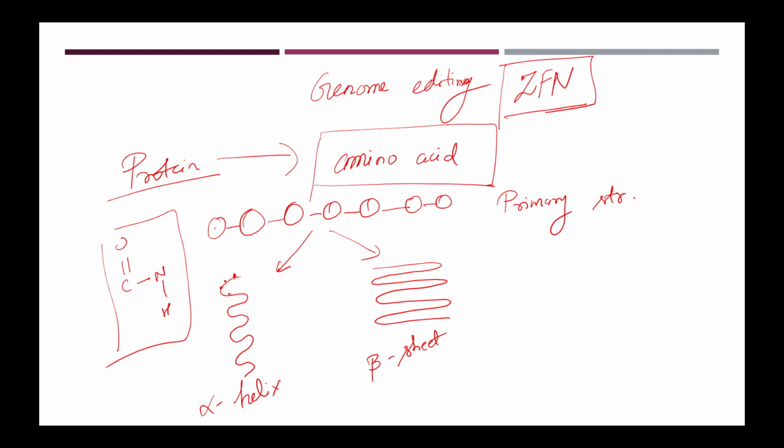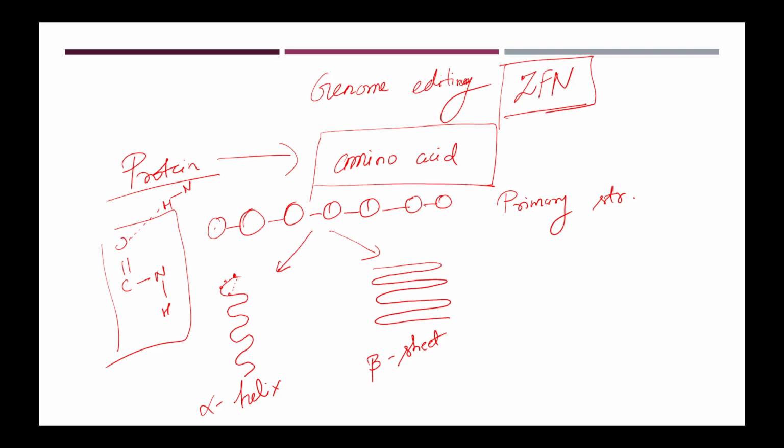The carbonyl oxygen of the first amino acid and the amine hydrogen of the fourth amino acid make a bond referred to as a hydrogen bond. These amino acids are joined to each other via hydrogen bonding, and that makes this primary structure into a helical form. That is referred to as an alpha helix.